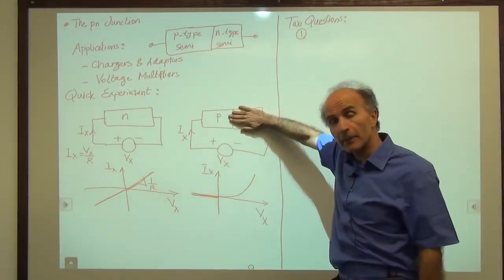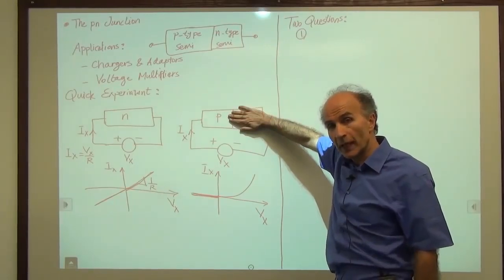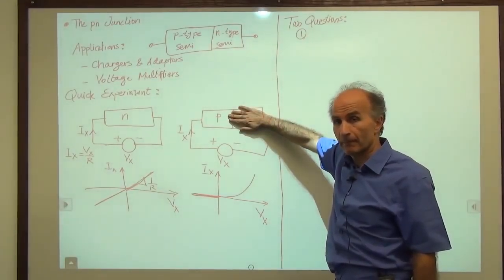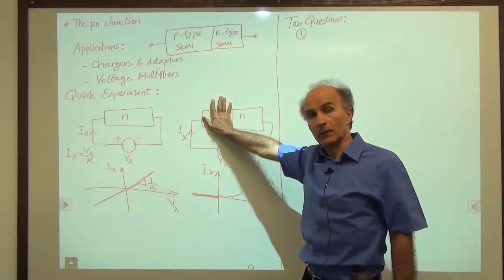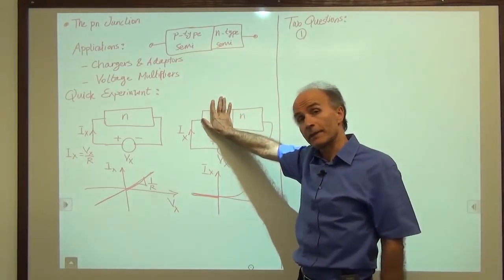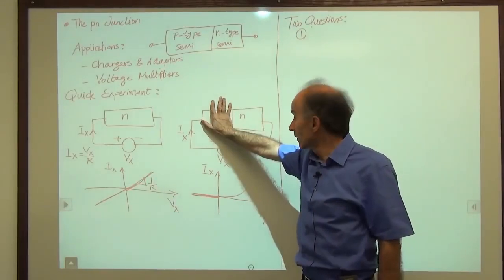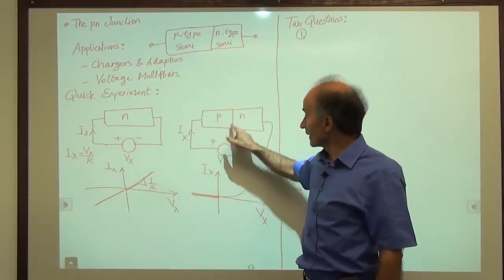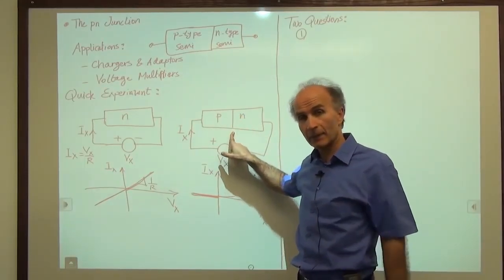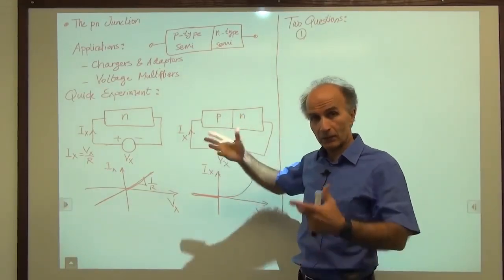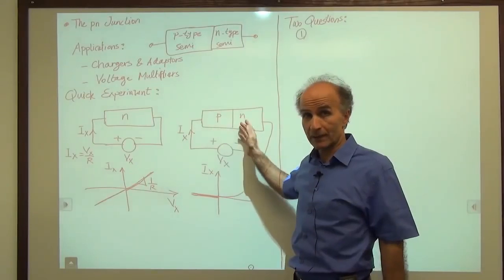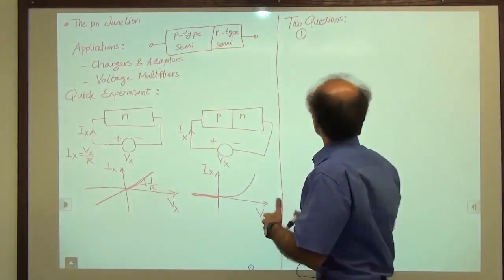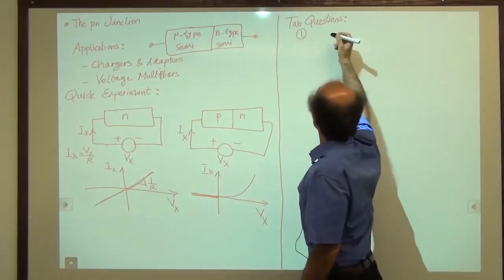When we have a p-type material, we have lots of holes, very few electrons. When we have an n-type material, we have lots of electrons, very few holes. So what happens when we attach them together? And right at this interface, what exactly happens? Do they fight each other? They don't agree with each other. So what exactly happens, right? So we will ask this question formally.